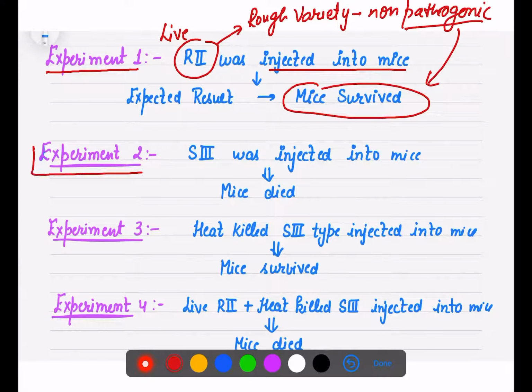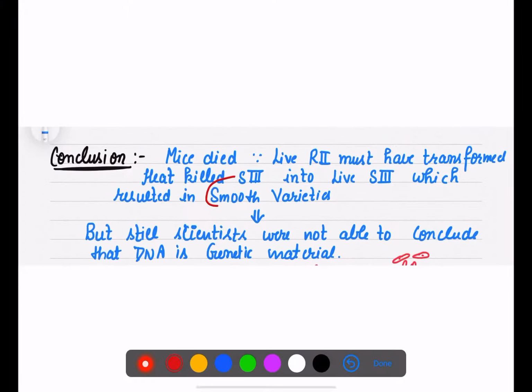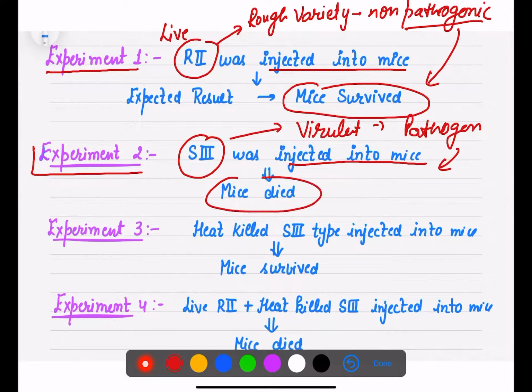In experiment 2, S3 was injected into mice. S3 is a virulent strain, and it is pathogenic. It caused pneumonia, and with pneumonia the mice died, right? So in the second experiment the mice died. What did he do in the third step? Third, he did heat killed.